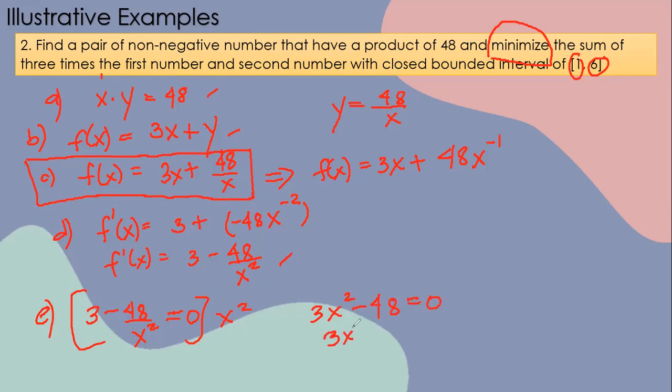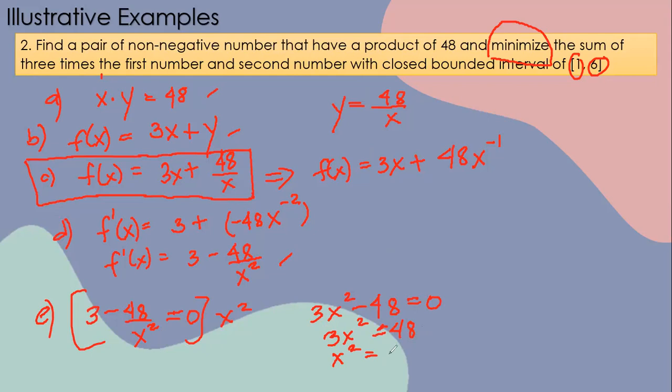So 3x squared is equal to 48. X squared is equal to, divide both sides by 3, 48 divide 3 is 16.